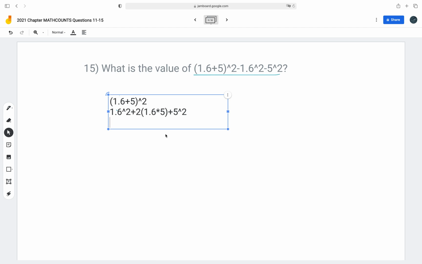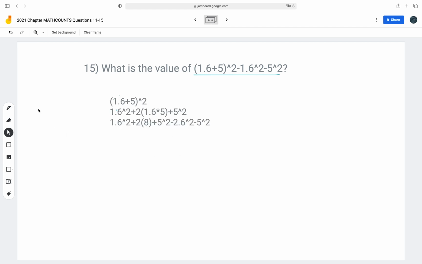So now substituting that into our original equation, you have 1.6 squared plus 2 times 1.6 times 5, it's 8, plus 5 squared, minus 1.6 squared, minus 5 squared.